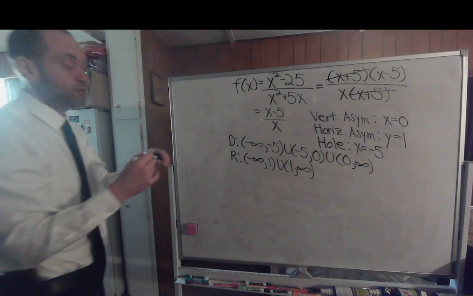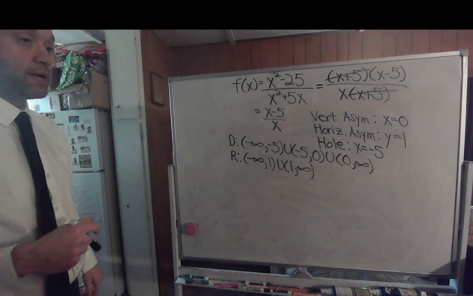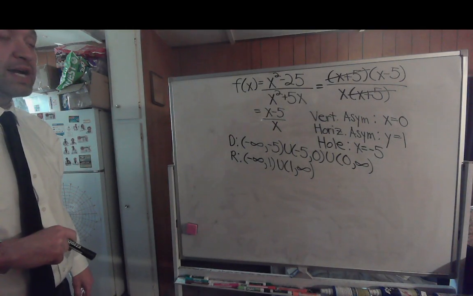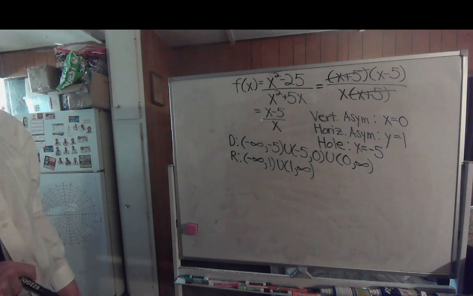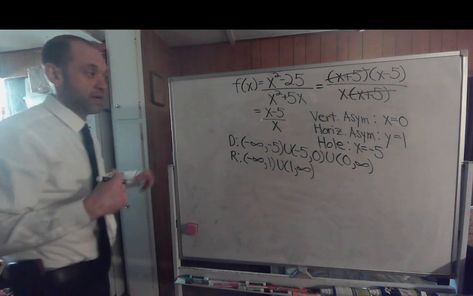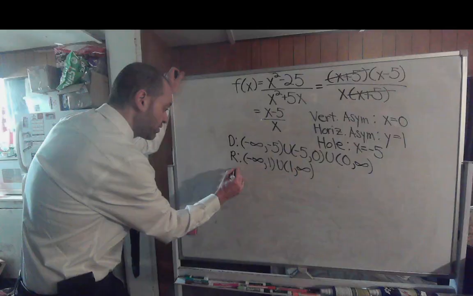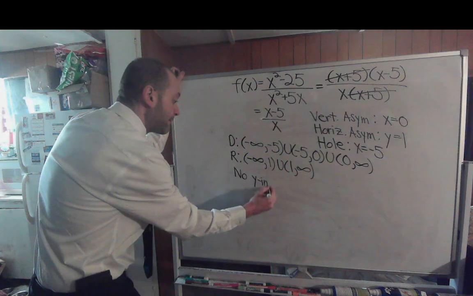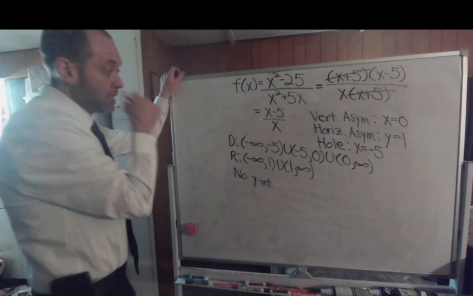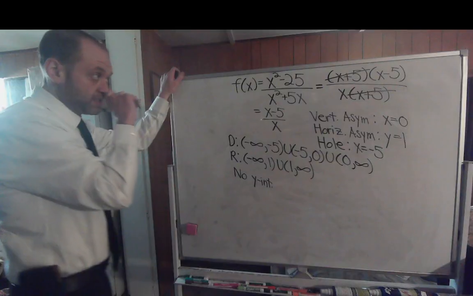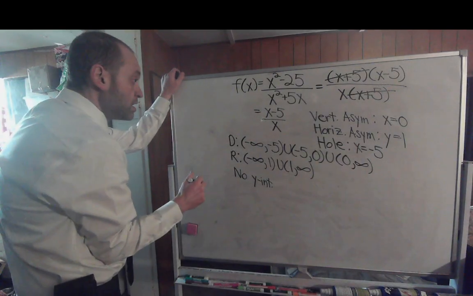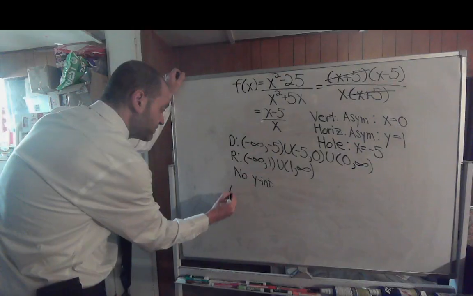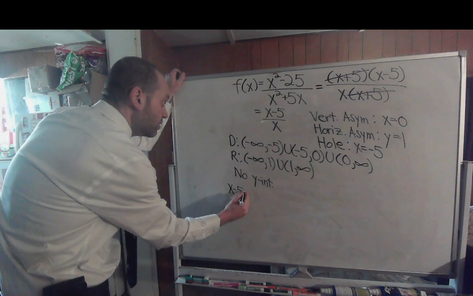Now, what about intercepts? Y-intercepts occur when x equals 0. Well, you would have an undefined expression when x is 0, so there are no y-intercepts. How about x-intercepts? We can set x minus 5 equal to 0.